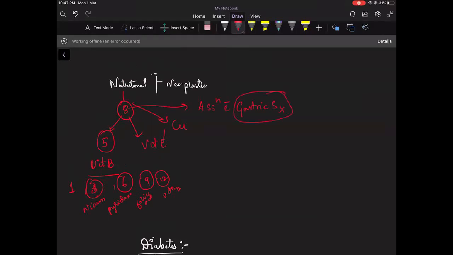Due to nutritional deficiencies, the patient will have a neuropathy, and these are the nutritional causes.